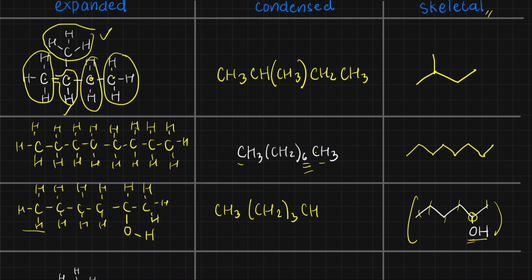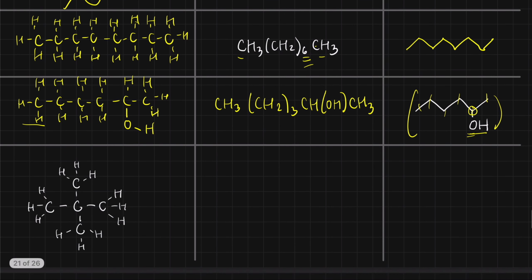And since the OH does branch out, you need to put that in parentheses. And then the last one will be written as CH3. Just to show you how it would look, if you want to write that as CH2, CH2, CH2, that is still correct. But again, the shortest possible way of writing its condensed version is like this.